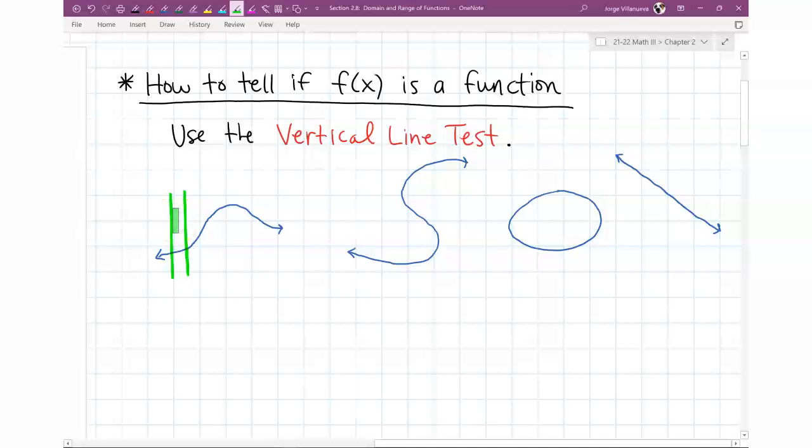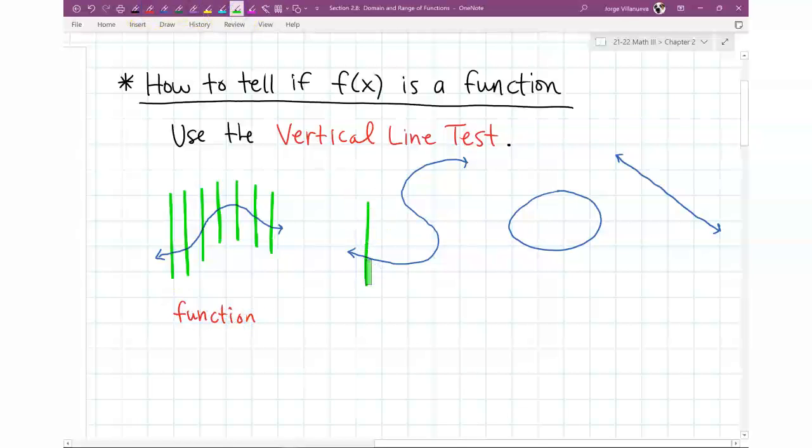Does that touch the graph more than once? No, right? That one or this one, like, do any of these touch it more than once? No. Now, some people say, well, yeah, it touched it 7 times because you drew 7 lines. Yeah, but individually, per line, just one time, right? So I'm going to say that this is a function, okay? That is a function.